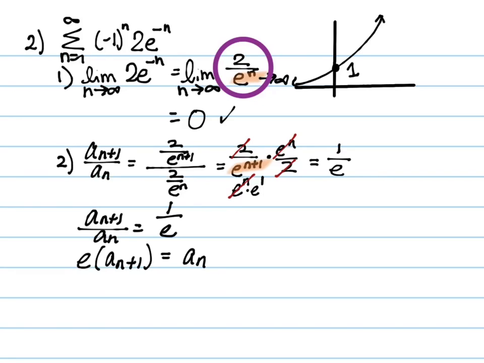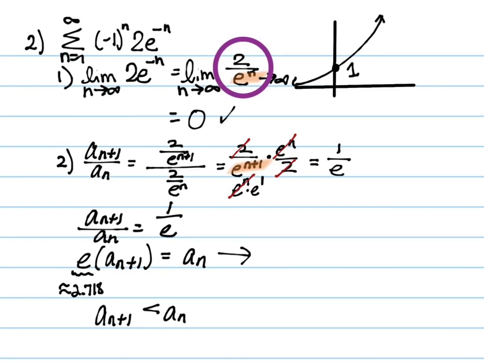One is to recognize that you know what e is. It's approximately 2.718, right? So what we're saying is that if you took 2.718 times a sub n plus 1, it would equal a sub n, which means that a sub n plus 1 must necessarily be strictly less than a sub n. Otherwise, I couldn't multiply it by 2.718 and it actually work.